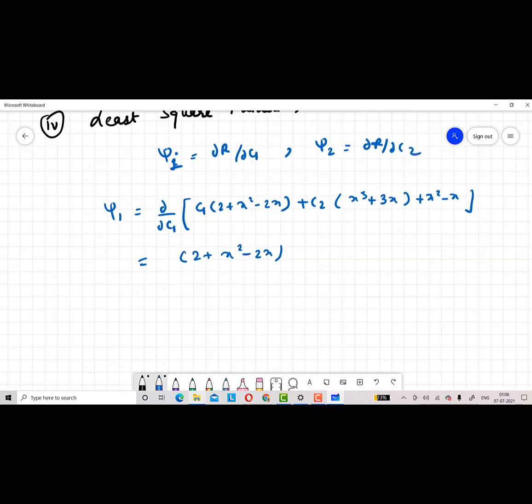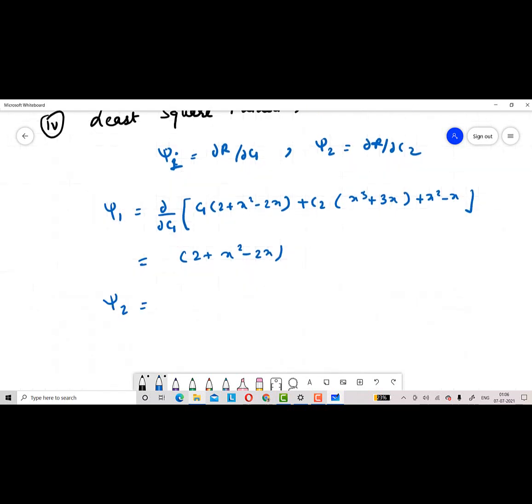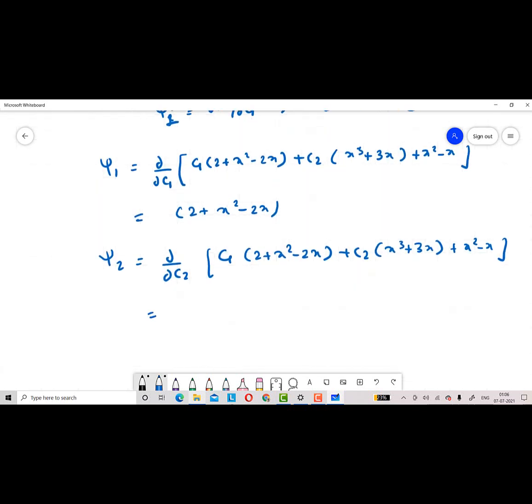Similarly, on calculating psi2, del over del C2 of C1 (2 plus x square minus 2x) plus C2 (x cube plus 3x) plus x square minus x, it will come out to be only this term, as it is differentiation with respect to C2. So x cube plus 3x.